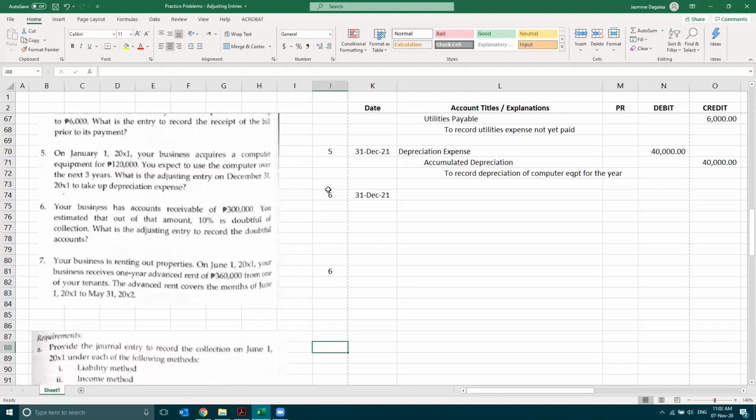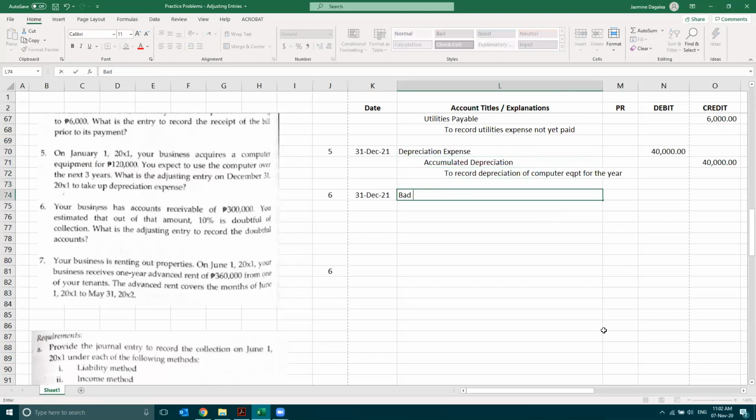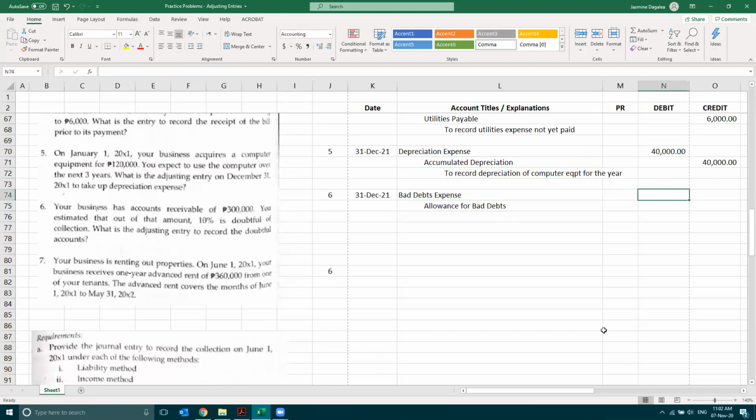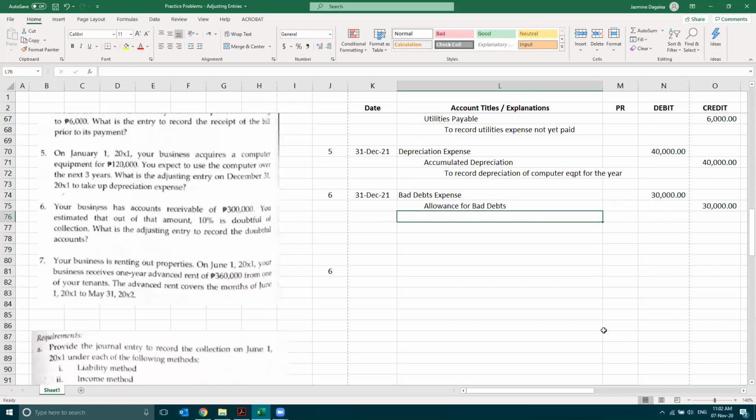What is the adjusting entry to record the doubtful? Debit bad debts expense. Credit allowance for bad debts. So, magkano? 300,000 times 0.10, so 30,000, to record allowance for bad debts.